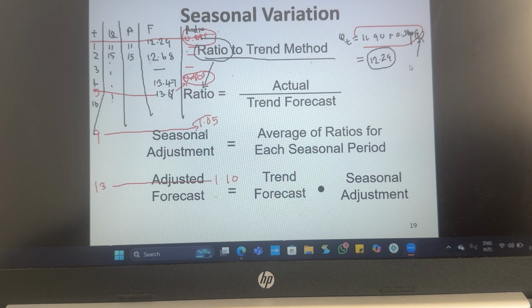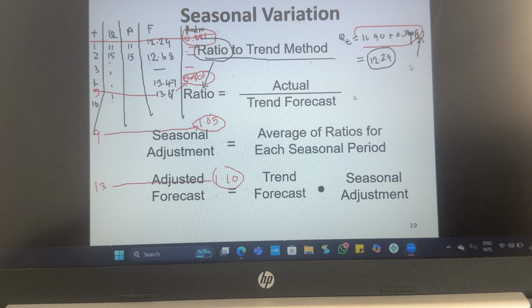This one, 1999 first quarter. Correct. This one, 2000 first quarter. Now we have ratios for the first quarter of each year.